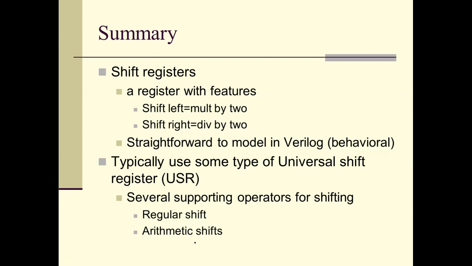We design some type of universal shift register that does all sorts of fancy shifting in one module dependent upon a select input. So there's 2 types of operators in Verilog basically supporting shifting. There's just the regular shift operators, and then there's the arithmetic shift operators.